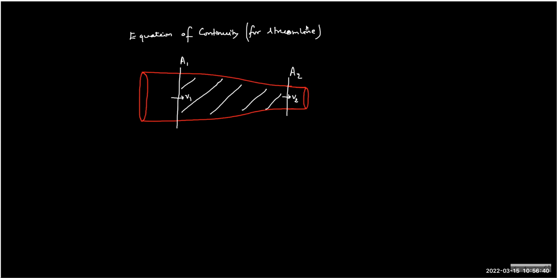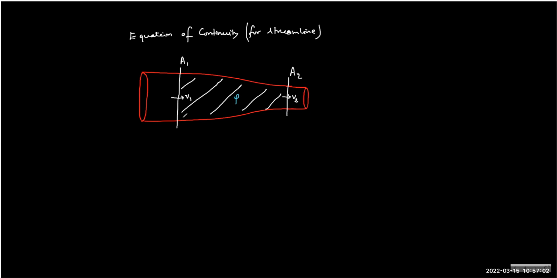Can we say that the volume between these two cross-sections is fixed? Can we add more liquid between them? If the density is constant, because we are assuming it's incompressible, which is the condition for streamline flow, we don't assume variation of density.